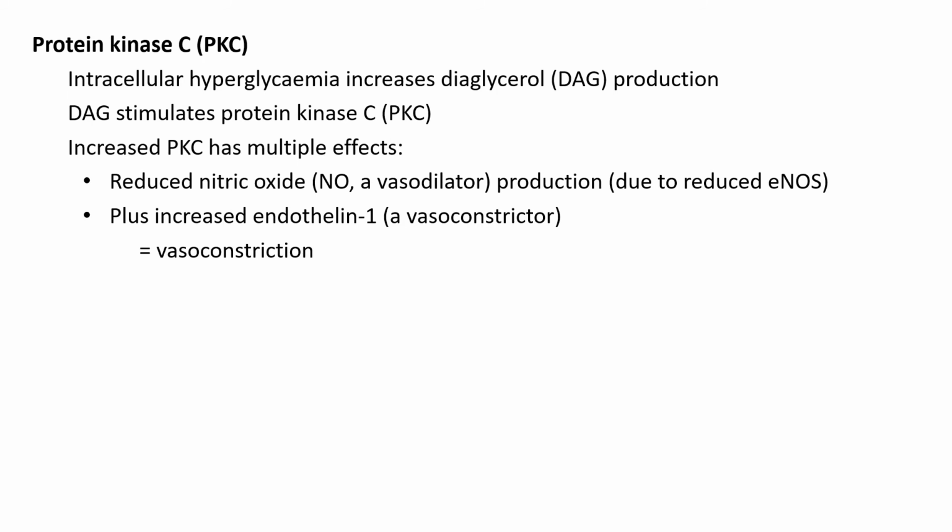If its production is reduced, then of course we're not going to have that ability to vasodilate when we need to. So the opposite being vasoconstriction. PKC also increases something called endothelin 1. Endothelin 1 is a vasoconstrictor. So it causes vasoconstriction. So we've lost our vasodilator and we're actively promoting vasoconstriction with PKC.